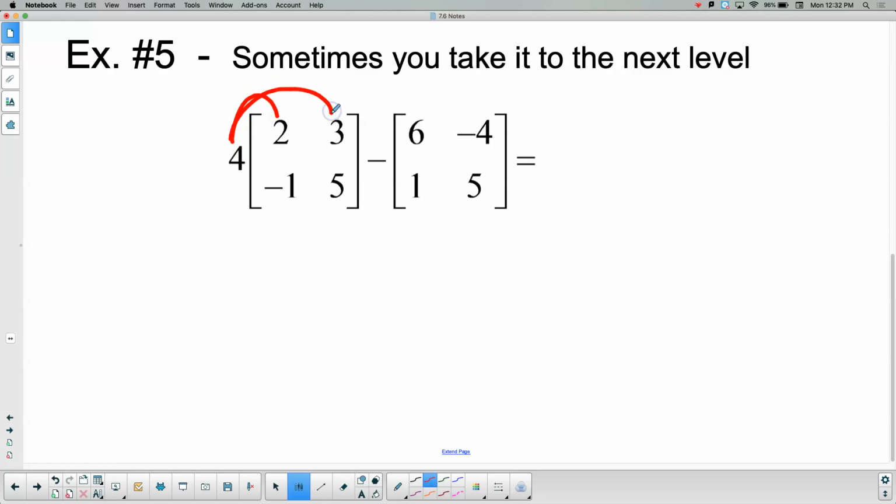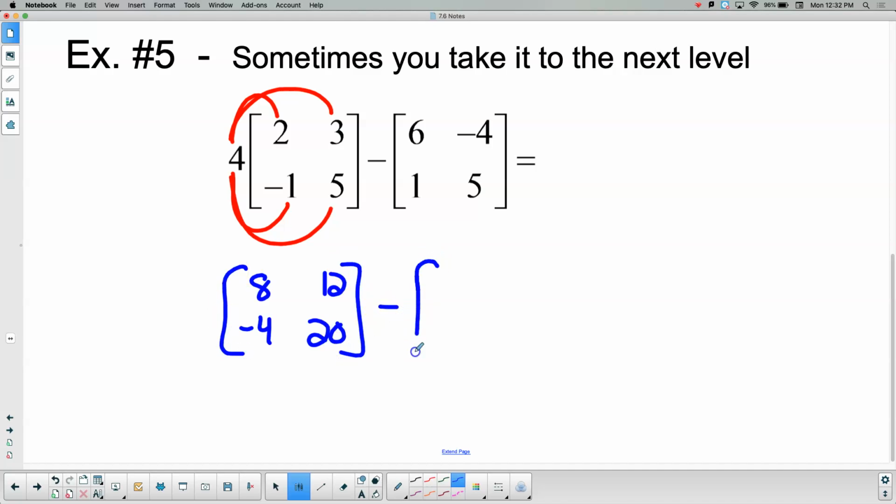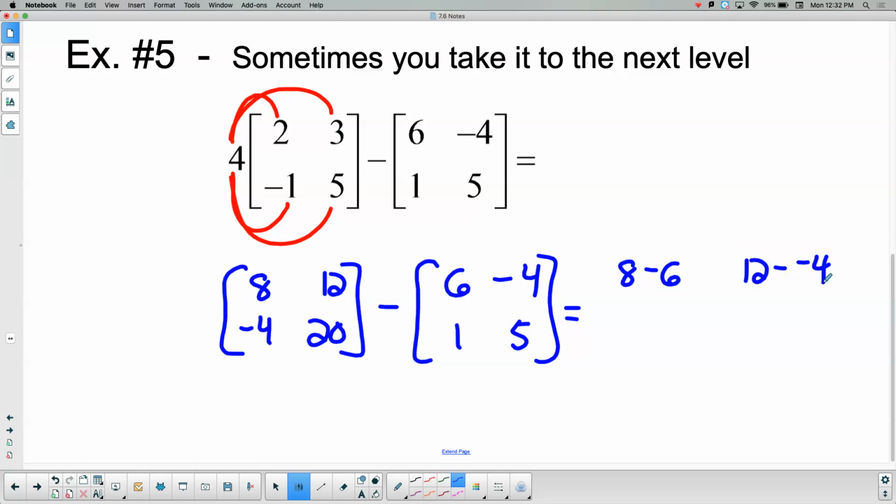So I would first multiply this in, and then that's going to give me 8, 12, negative 4, and 20. Then I would subtract off this matrix. So that's going to be 8 minus 6, and 12 minus negative 4, and negative 4 minus 1, and 20 minus 5.